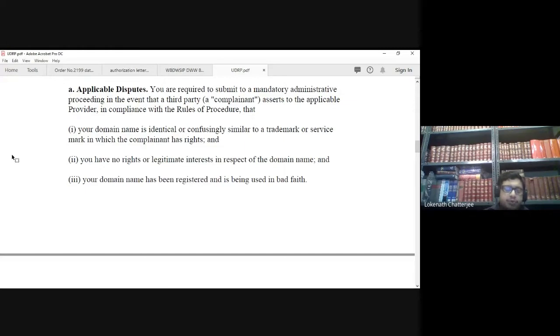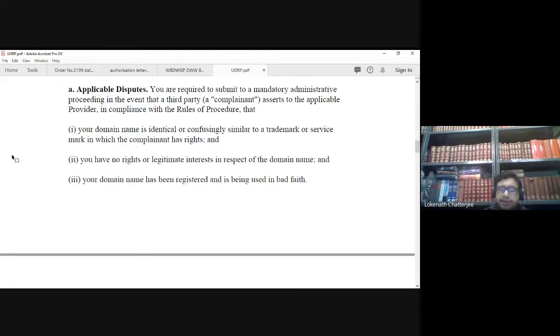Now it has to satisfy the conditions and the criteria. So now the first is your domain name is identical or confusingly similar to a trademark or service mark in which the complainant has rights. And so essentially it means it is not exhaustive. It has also to come under the other portions of the domain name which is there.